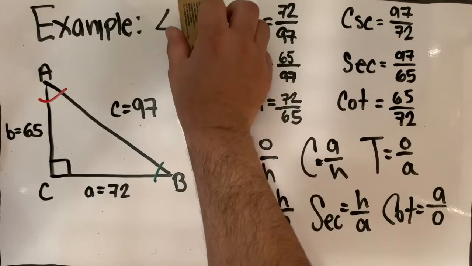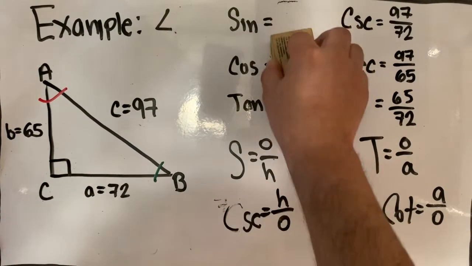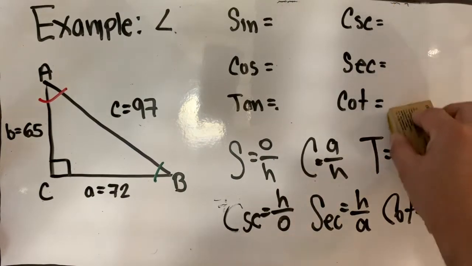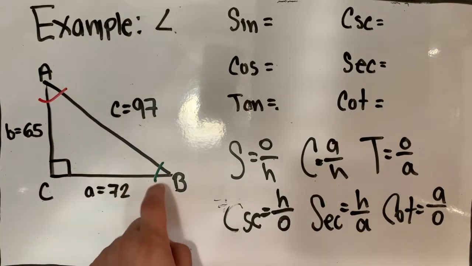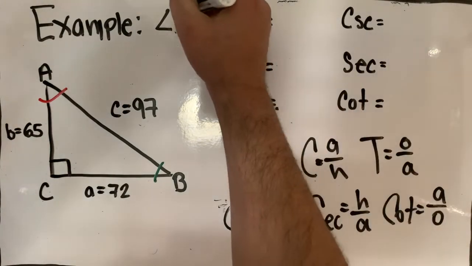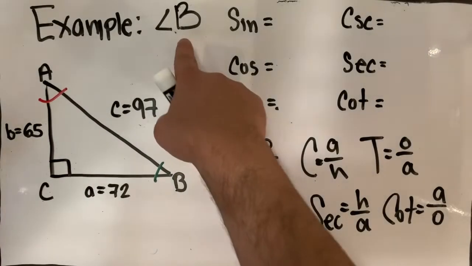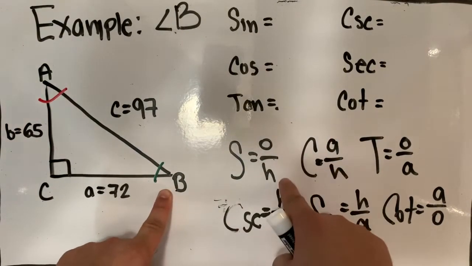Now let's start with angle B. For the angle B, it's going to be practically the same, but we have to switch the way that we are seeing the triangle. Now I'm going to concentrate on this angle, not this one. So all these functions are going to be for angle B. Let's start with sine. Sine is equal to opposite over hypotenuse.